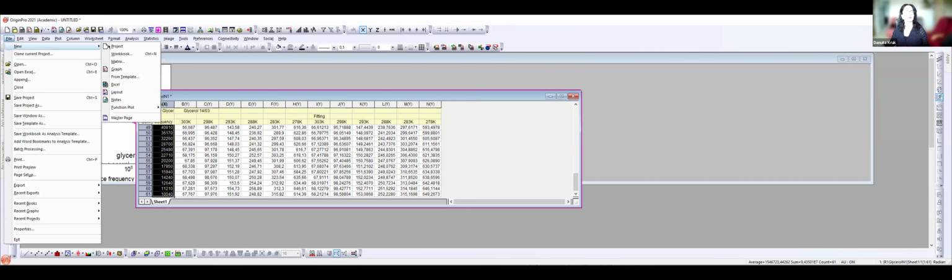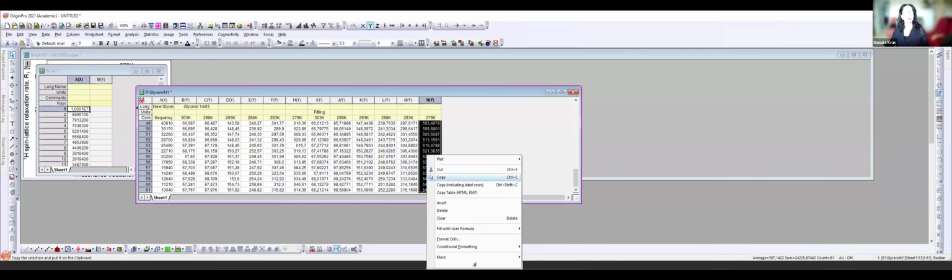So I need my frequency column. And this data. Copy, paste. So here.